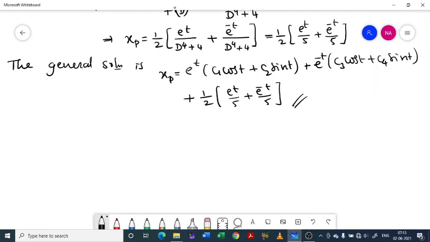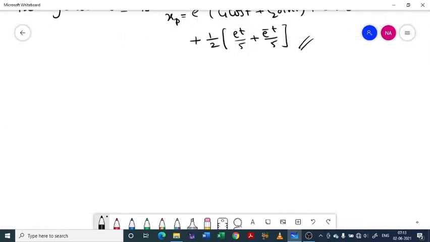Again, if you want, you can rewrite that in terms of cosh t, but I hope it is not necessary. Okay, we'll take one more problem.